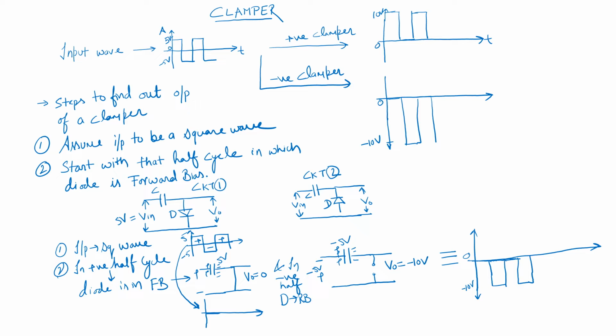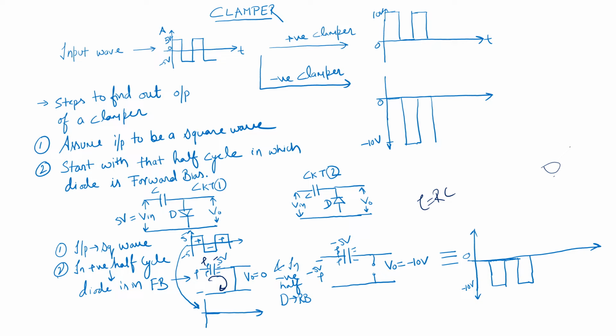So what will happen? The capacitor will charge up to 5 volt with a polarity of plus and minus, like this. Okay, and as we know, capacitor charges and discharges with a time constant tau, and tau is equal to RC.